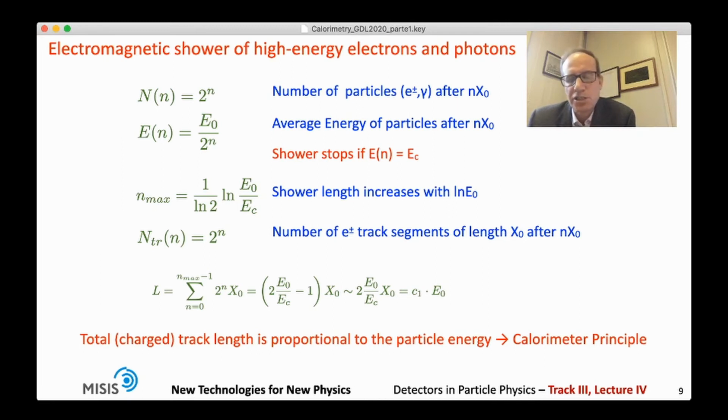The critical energy depends only on the material, and this tells you that the typical length of a shower increases with the logarithm of the initial energy. This is a very interesting property, because it means that you can confine your energy in a relatively short material, even at energies which are very high.